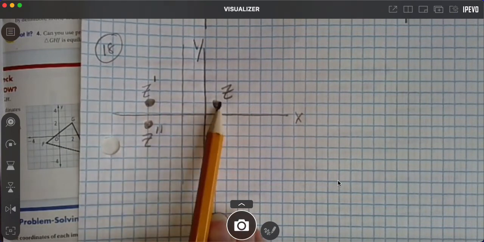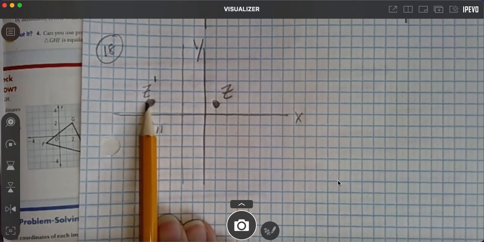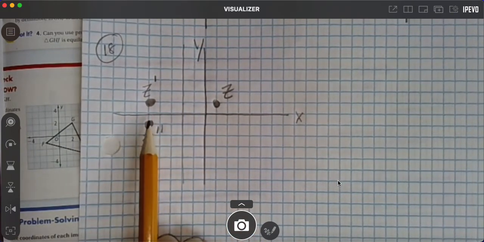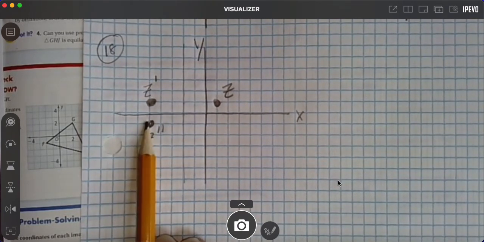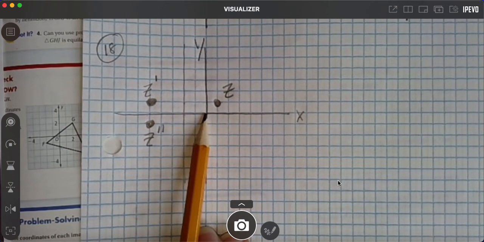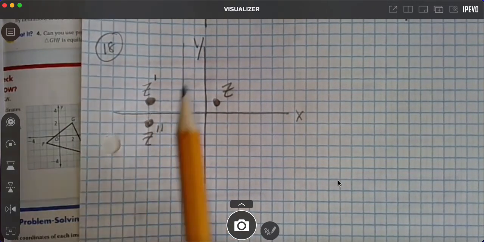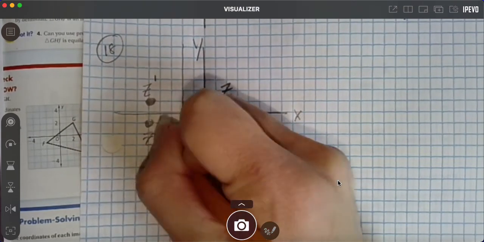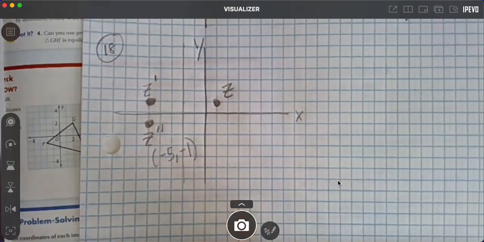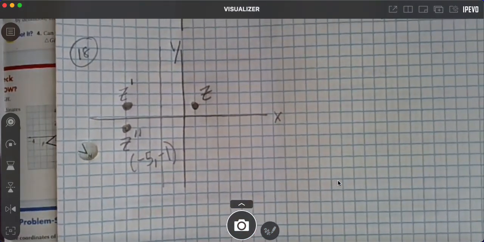So there it went. And then my second thing, once I got that answer, reflected across the x-axis. So here it is. Here's my answer. So my ordered pair is what? -1, 2, 3, 4, 5, -1. So I would write -5, -1. That's my answer. Does that make sense, y'all?